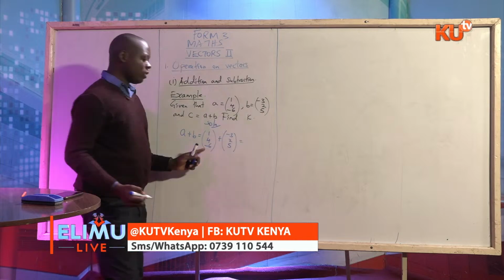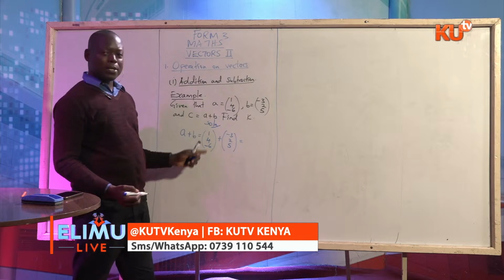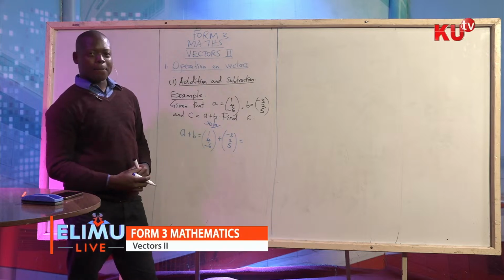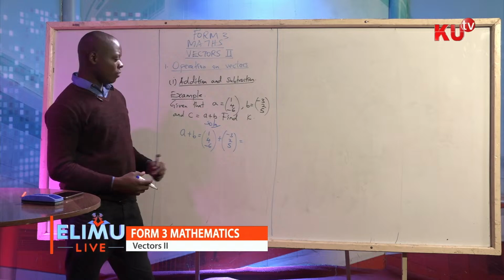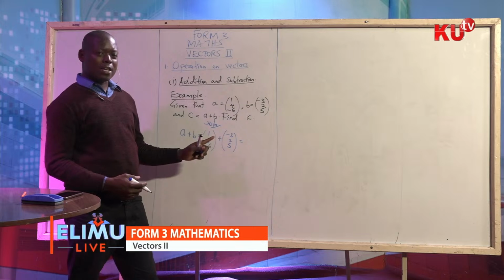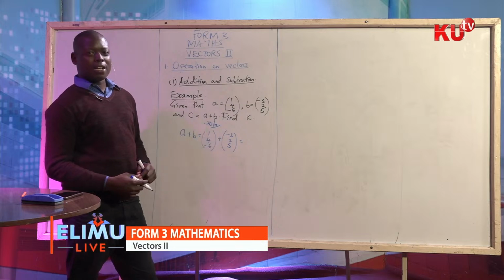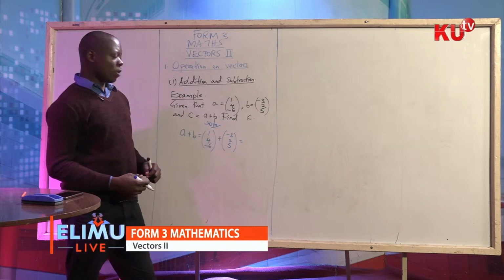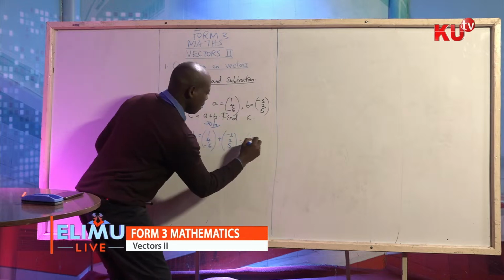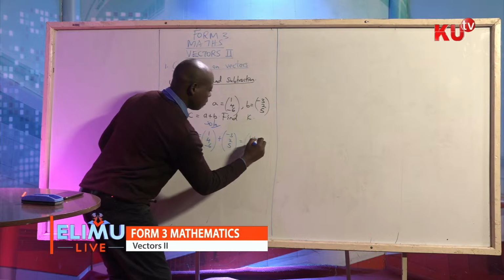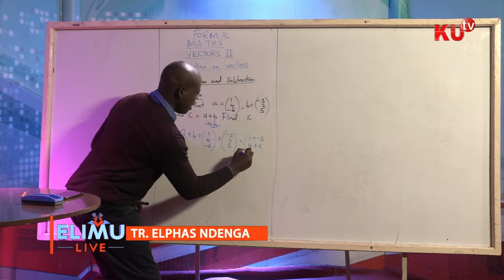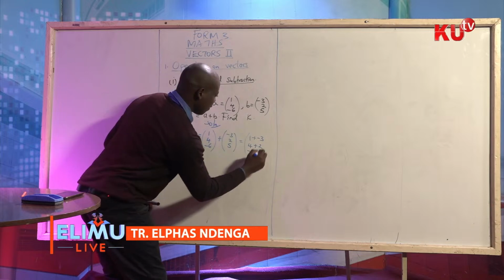These two vectors have elements representing the X, the Y, and the Z. To work them out simply, add the X, add the Y, and add the Z separately, and then obtain your sum. So I'll have 1 plus negative 3, 4 plus 2, and negative 6 plus 5.